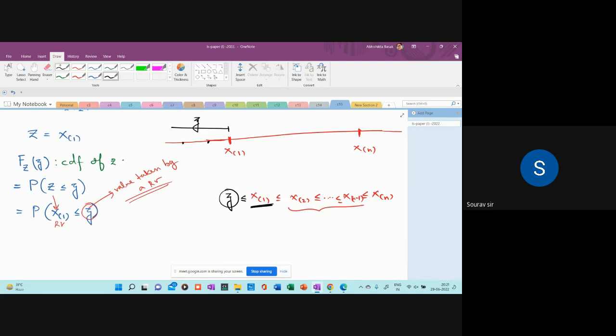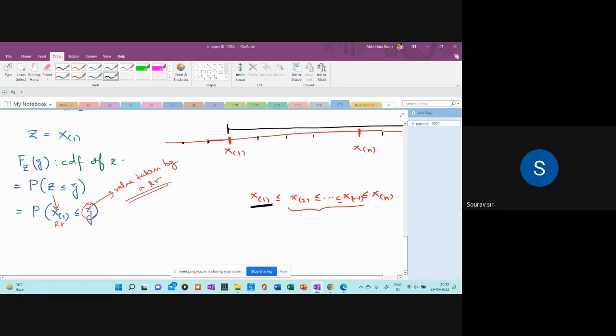Oh, sorry, I mistakenly wrote one line. It is not less than or equal to, it is greater than or equal to z. Sorry. So z may lie on the right side of this; this will be the region. So it is basically greater than X_(1), and it may lie anywhere on this right side, here, here, or maybe here.